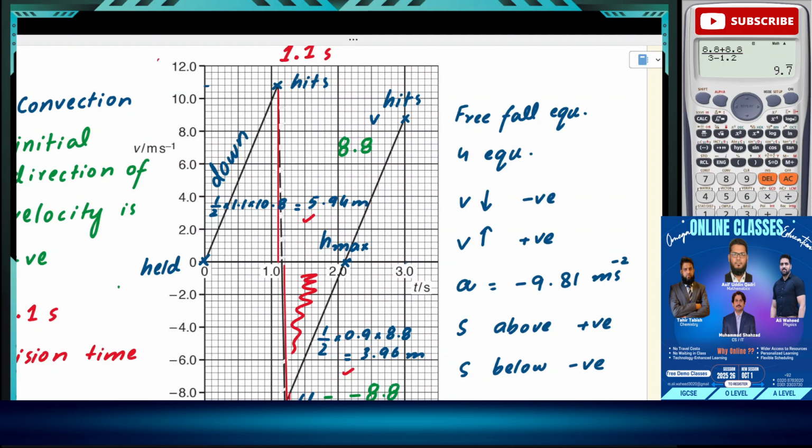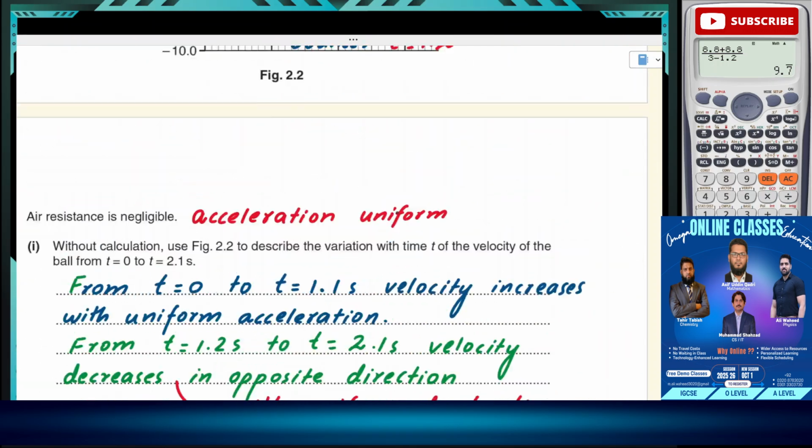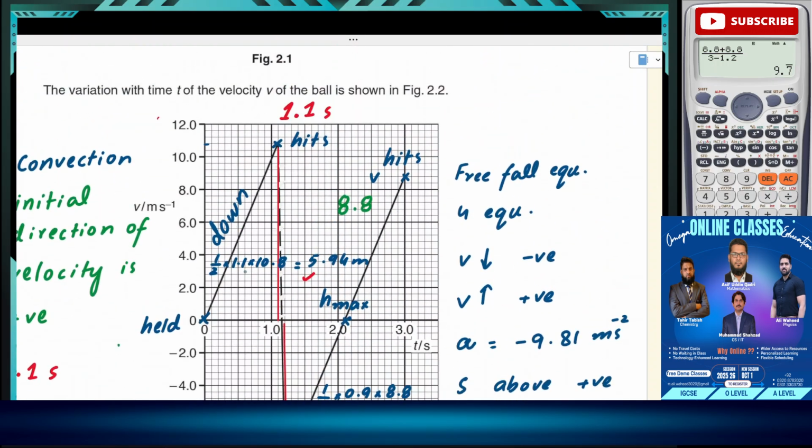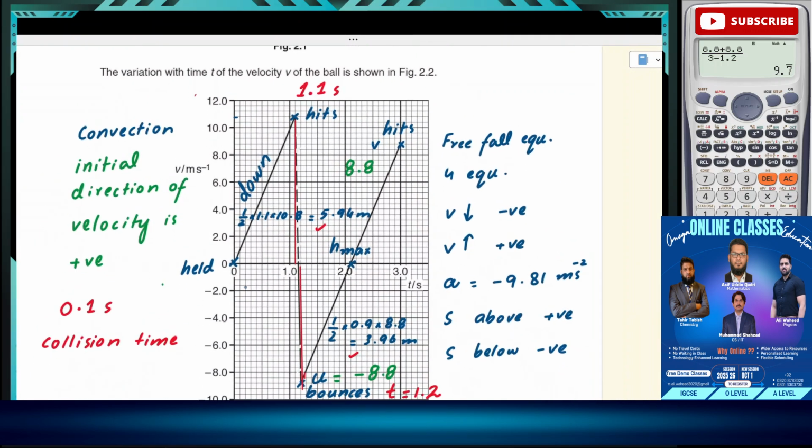If they asked you to find the displacement till 3 seconds, then you add the top ones, you add these two areas, these two distances, and you subtract the one at the bottom for displacement. But for the distance, if the question were to find distance, all three of them should have been added. But luckily for us, they asked us to find till 2.1 second, not beyond that.